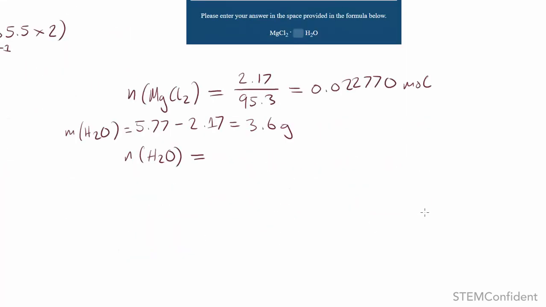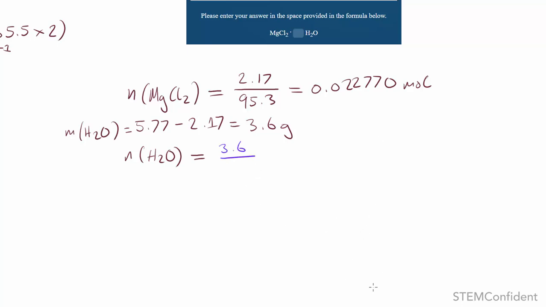And at this stage, you can add that to the formula here. So the number of moles for H2O is going to be mass divided by molar mass. So it's going to be 3.6 divided by what the molar mass is.